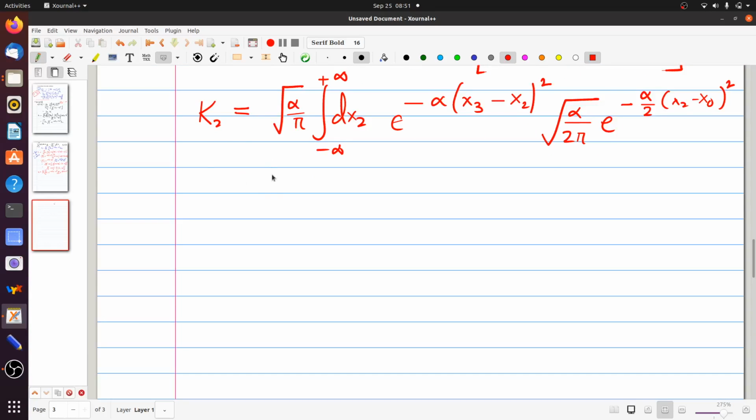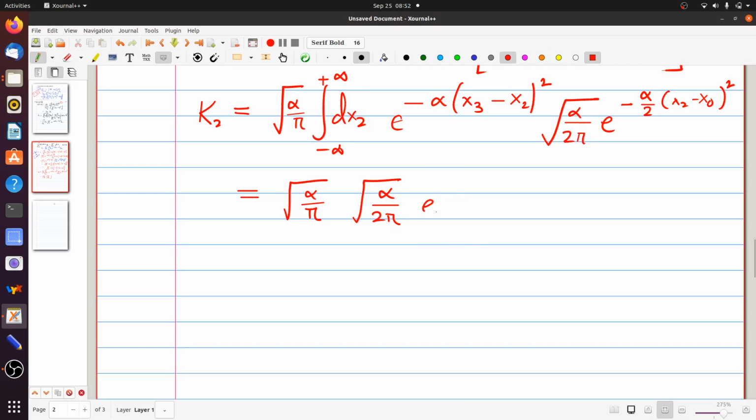So let us now simplify by gathering all the constants together outside. So what you get is root over alpha by pi, which was already outside. Then you are pulling out an extra root over alpha by 2 pi. Before we start writing the integral, there's one more term that we can pull out.